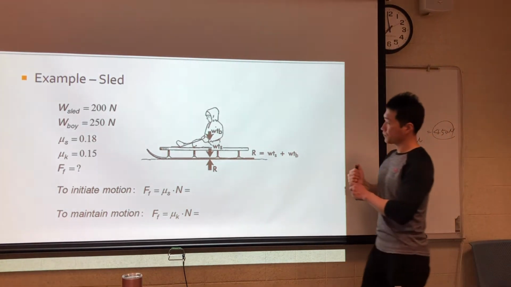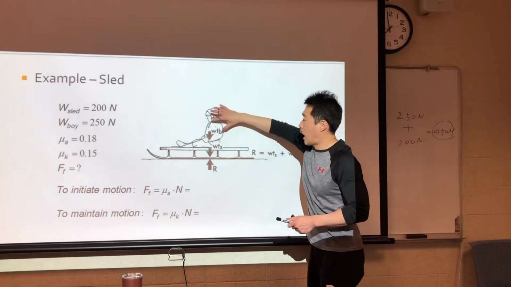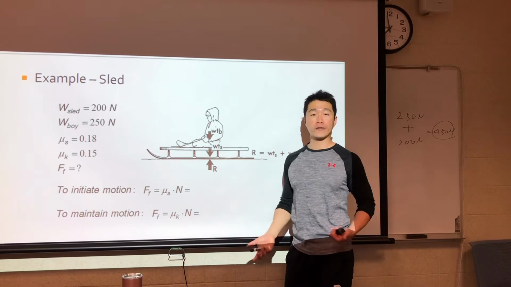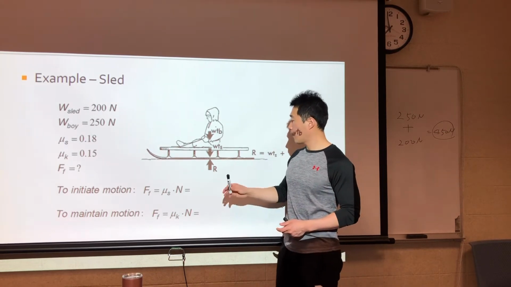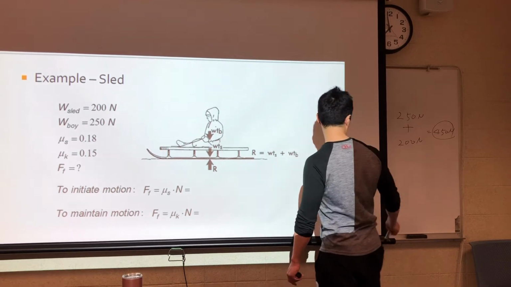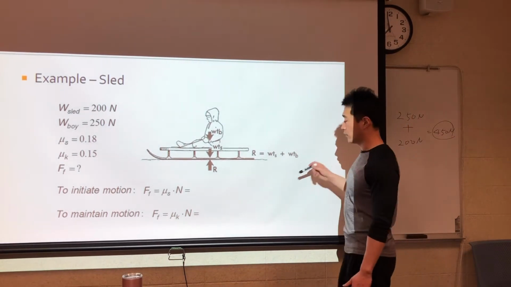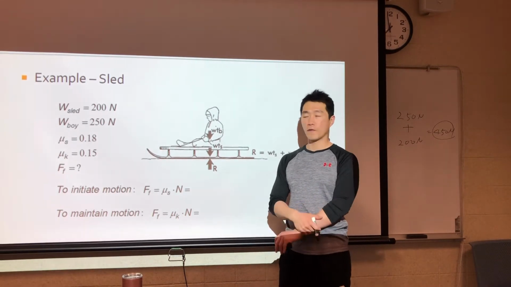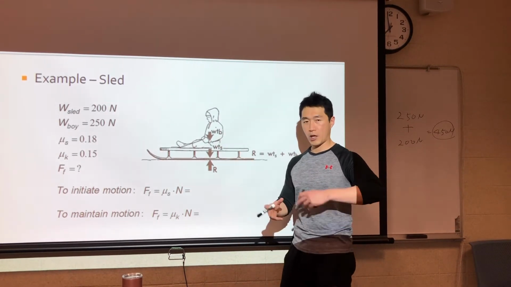This much force is acting downward due to gravity. But we need the actual normal reaction force, which is coming from the ground to this system. So this one should be 450, the same as the force coming from this system. All the directions are opposite.